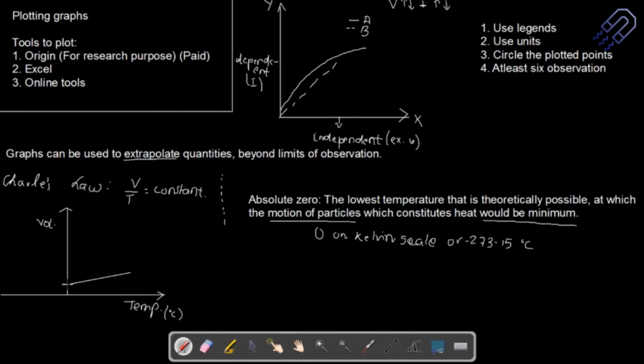So even if we go back or move forward, we are going to get a straight line. We are not going to deviate from the nature of a straight line. That's what Charles predicted. If we keep going on a straight line, we are going to intersect the x-axis at this particular point, and that point is nothing but minus 273.15.